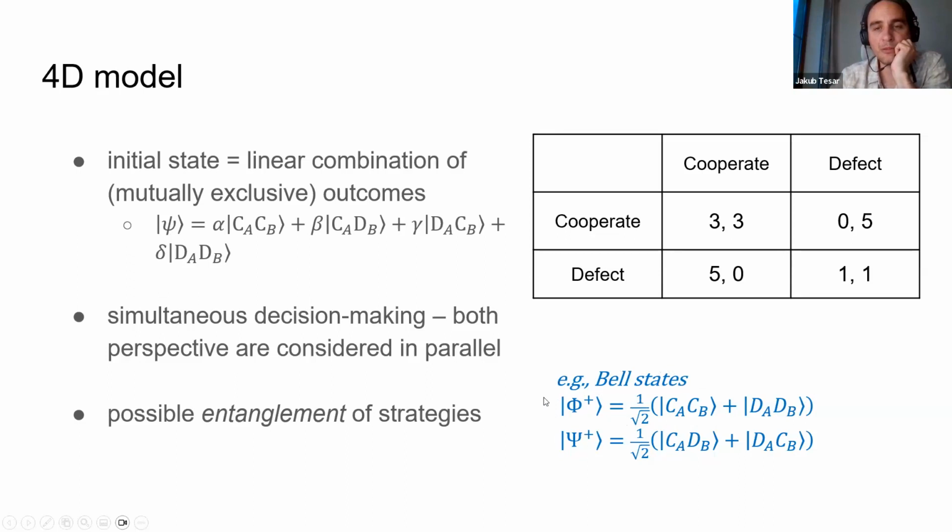For example, in the first one, from this full formula that allows for all of the combinations, you have only mutual cooperation or mutual defection, and they have the same weight, so they are equally probable.